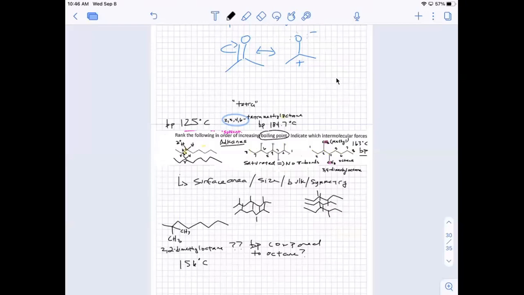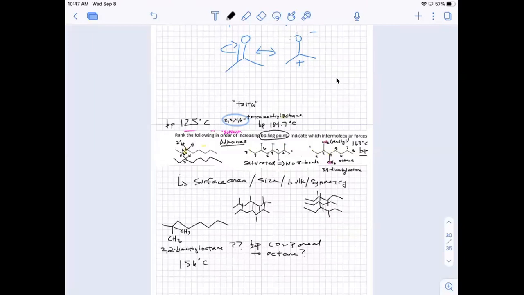If you have an alkane, like something like this, without any ketones or aldehydes or alcohols or acids or esters or any other functional groups, then it's only going to be van der Waals, because van der Waals is endemic to all molecules. Everything experiences that.